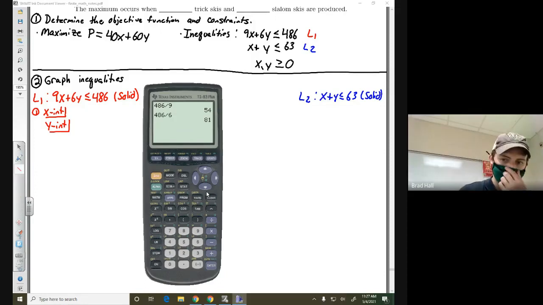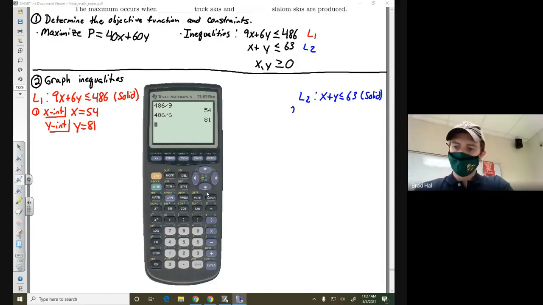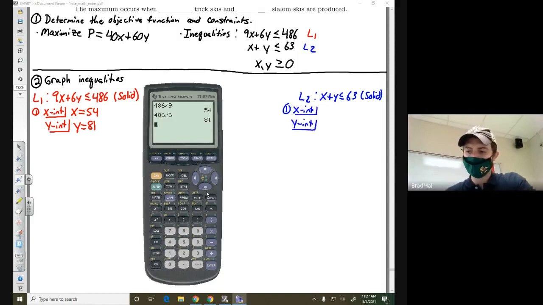Y-intercept is 81. Do the same thing over here for L2. The x-intercept and the y-intercept, well, they're both going to be 63 here.